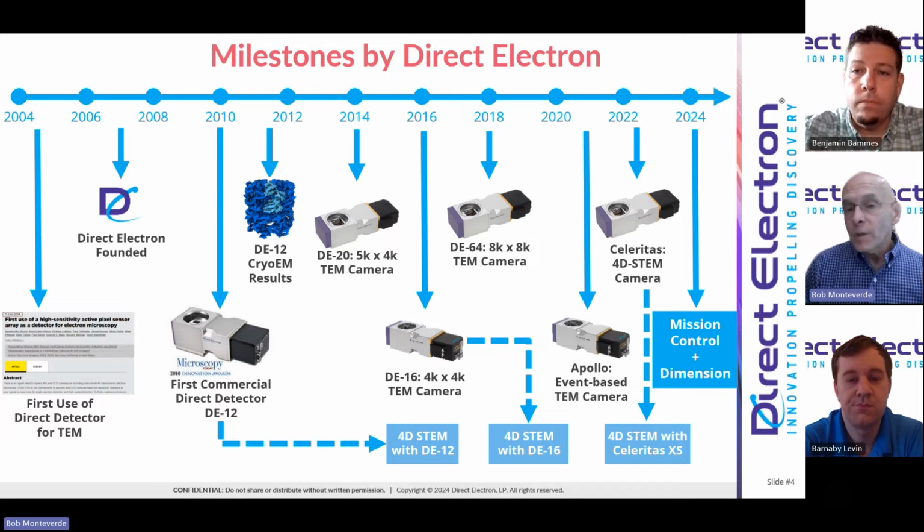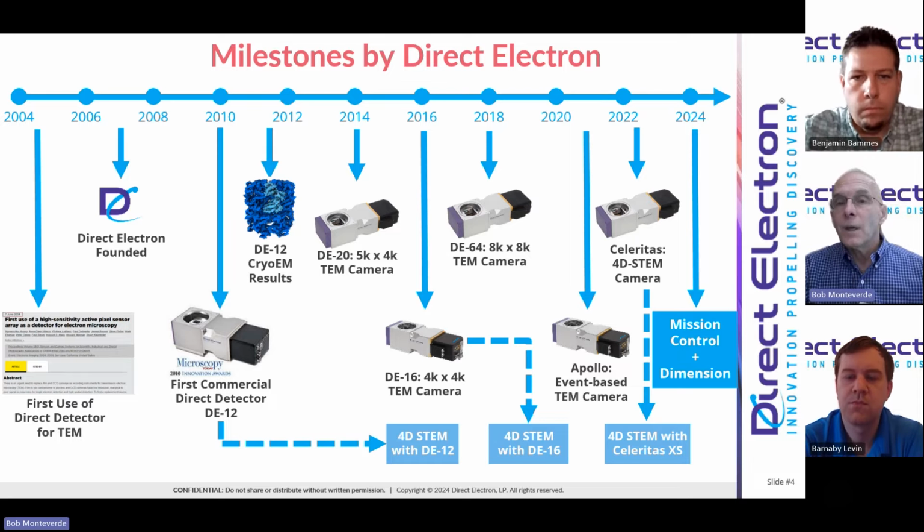Now, we've always been developing software along with our cameras, but what we realized with 4D STEM is there were new features and new capabilities that we needed to enhance with our software. And so we introduced Mission Control earlier this year, along with our Dimension software module that directly address the application needs for researchers in 4D STEM.